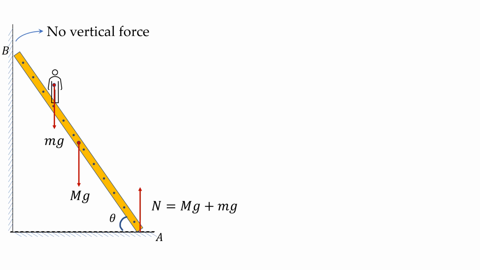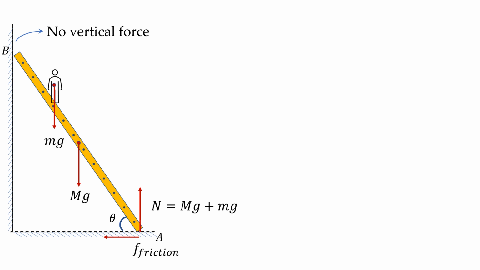Now let us discuss the horizontal forces. The bottom of the ladder wants to move to the right, but the friction force will prevent it. Again, the system is static. There is no net force horizontally.